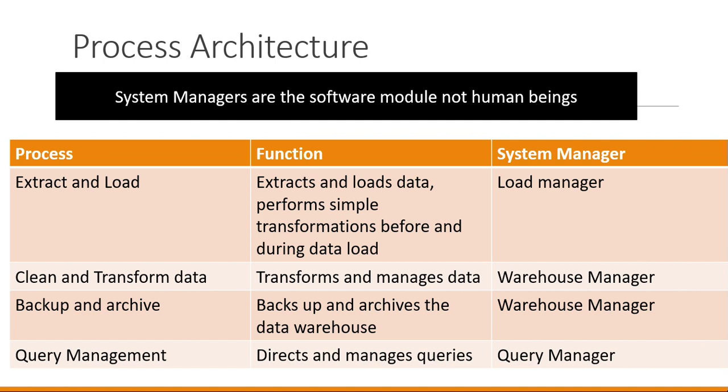The last component of this process architecture is the query manager. The query manager is responsible for managing user queries. It will try to provide answers to the users' queries efficiently. We know that the data warehouse manager will be creating different summary tables and aggregate tables, and this query manager will analyze the user query and check which summary and aggregate tables are suitable to answer the user's query.